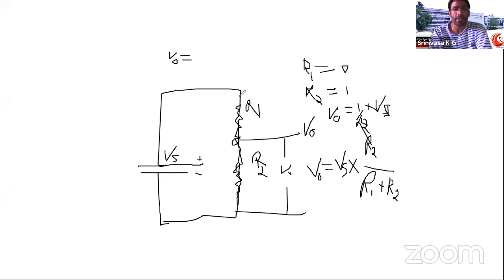When the slider is at the top, R1 will be 0 and we will get the supply voltage as output. And when the slider is at the lower position, we will get 0 voltage at the output. Hope you understood this voltage divider rule. If anyone has any kind of query, kindly ask.